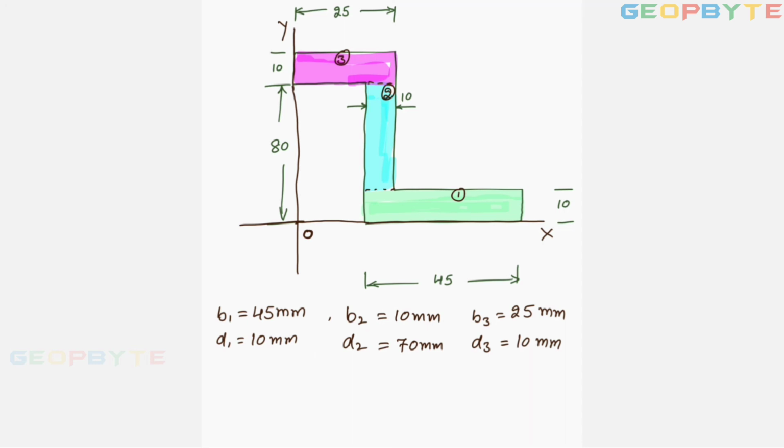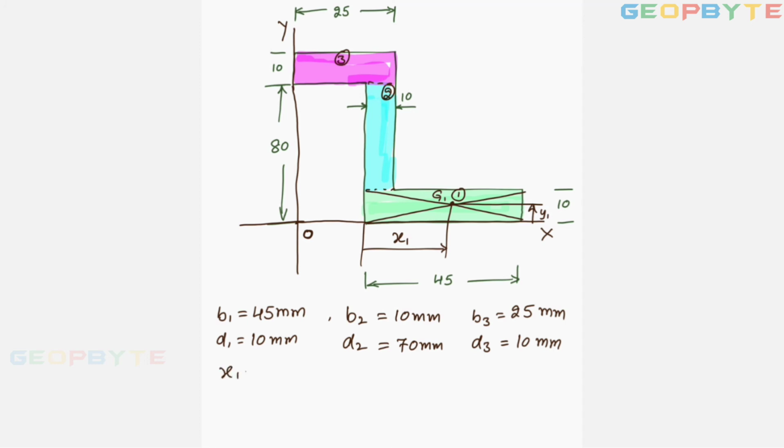Now you join the diagonals for section 1. Wherever the diagonals are meeting, that is your centroid for section 1 denoted by G1. Then I can say this is the x1, this is my y1.